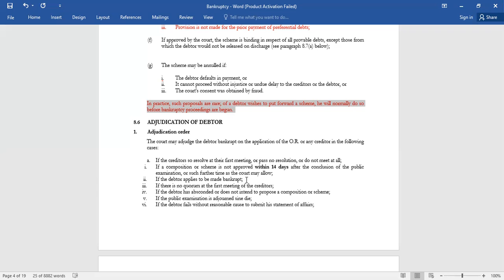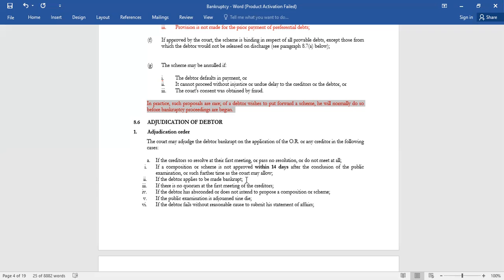If the public examination is adjourned indefinitely, if you are unable to answer the questions that are incriminating, at that particular moment the court may go ahead and declare you bankrupt.